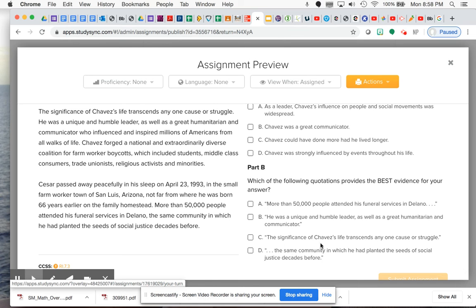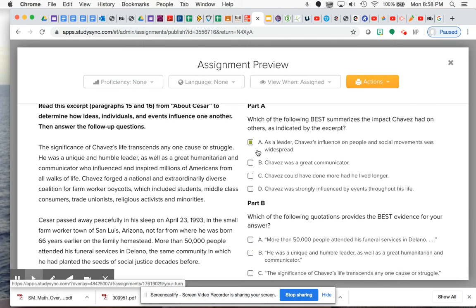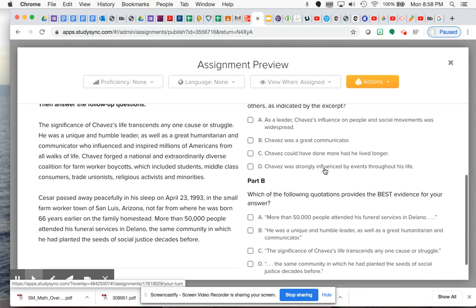C, the significance of Chavez's life transcends any one cause or struggle. Or D, the same community in which he had planted the seeds of social justice decades before. So, as I read these 2 paragraphs, really try to identify how one of these really summarizes these best.